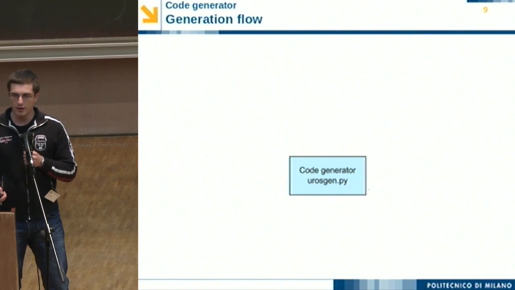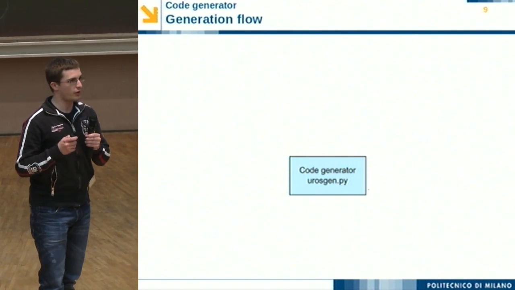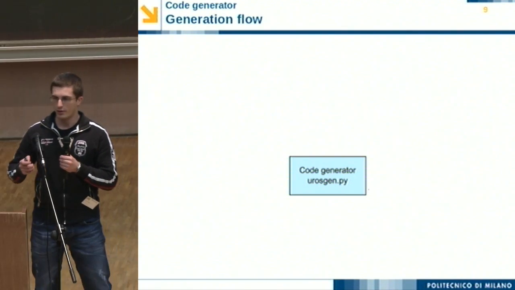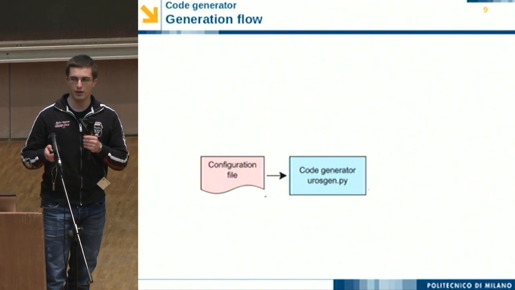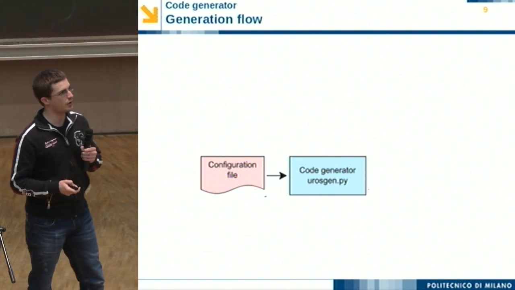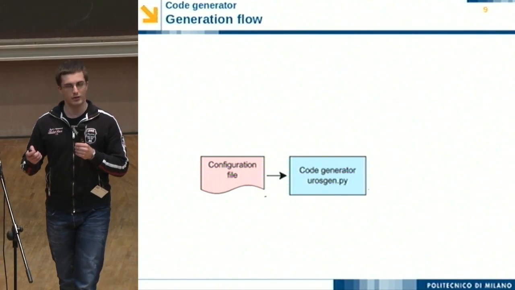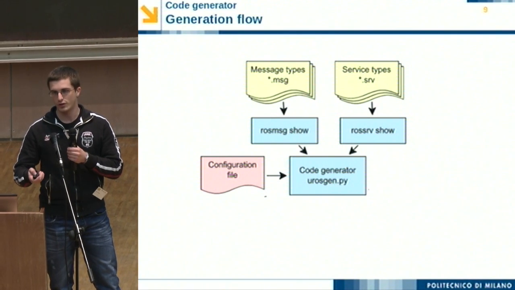So about the generation flow, we take the point of view of the user, the developer of the firmware. The user uses the code generator tool, providing a configuration file in which he writes the list of topics, services, and their types, and also other options.